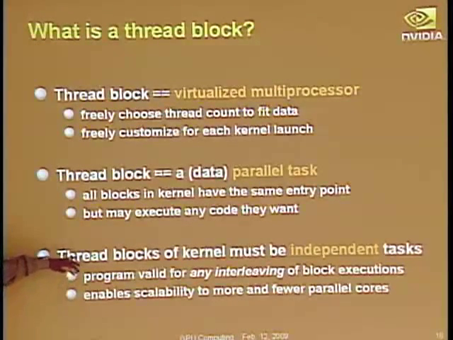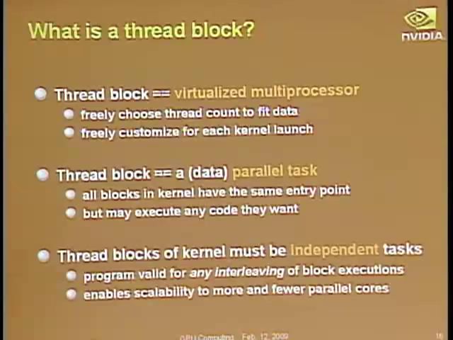So in order to do the 100 blocks in parallel, the tasks have to be independent. And if you wanted to have a producer block and a consumer block, that presumes that they're both running concurrently, which may not be the case if I have too small of a machine.